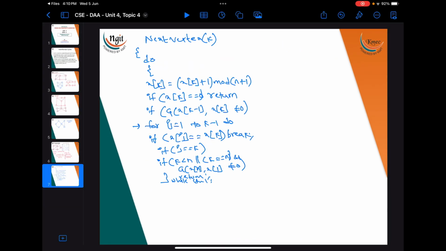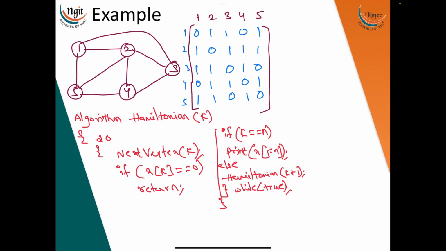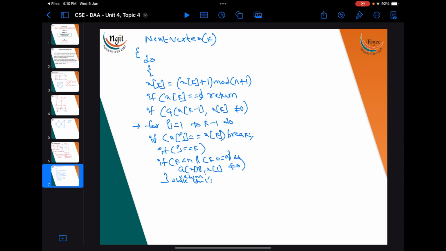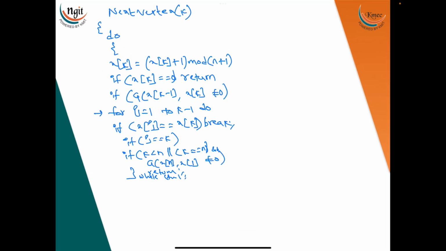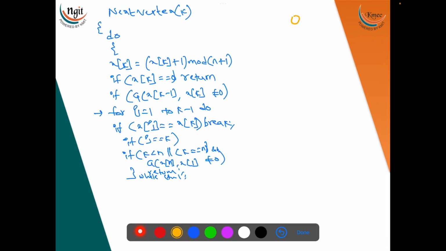So this is finding the next vertex in the graph. Now, how is backtracking useful here? It's very simple to understand. We'll take a backtracking approach. Whatever vertices you have, make a note: 1, 2, 3. After I visit the first vertex, I can go to the second vertex or the third vertex.